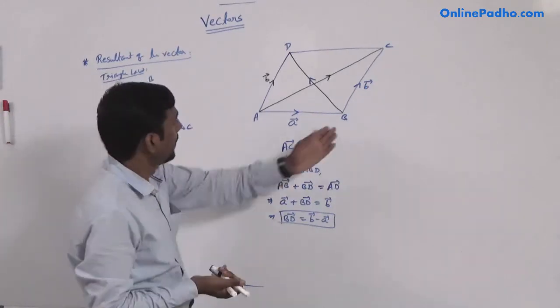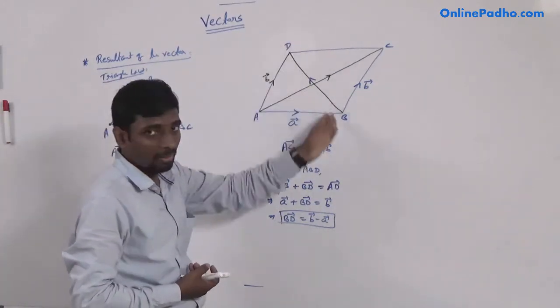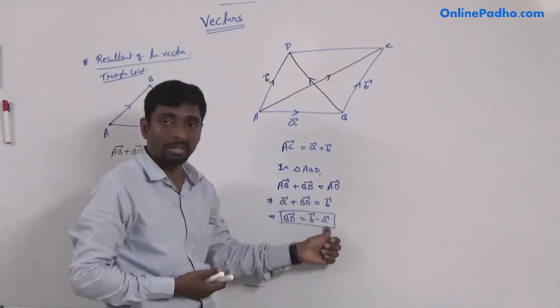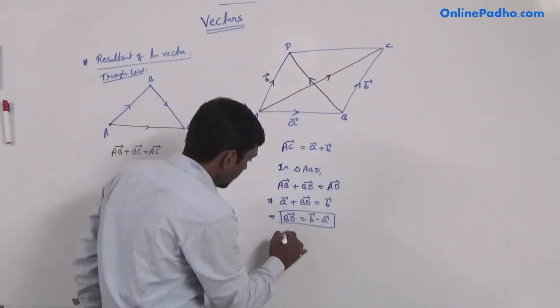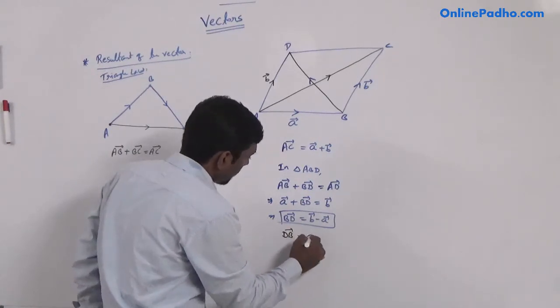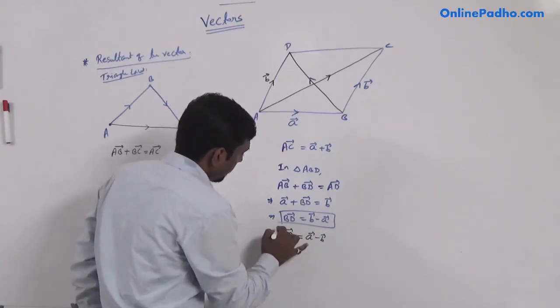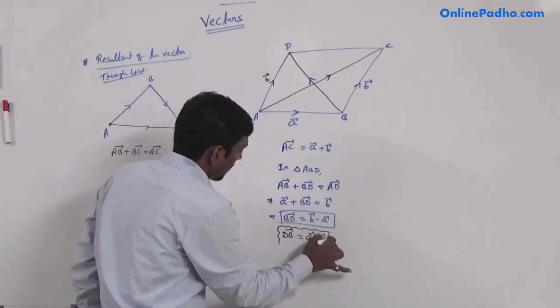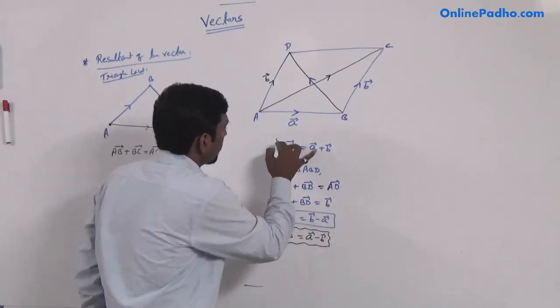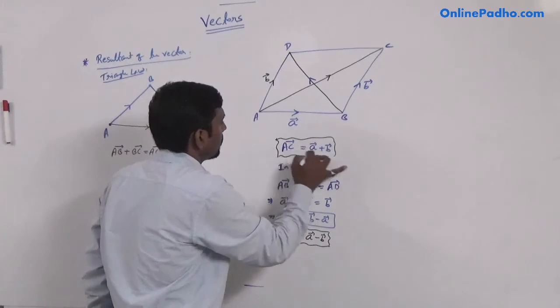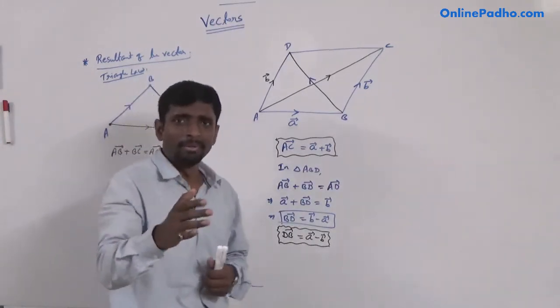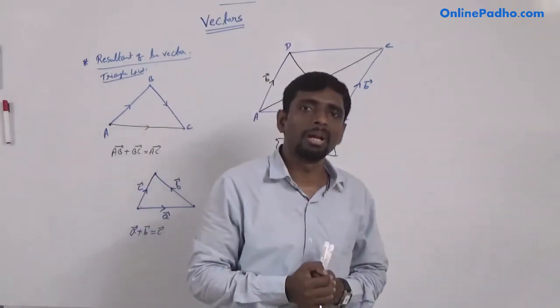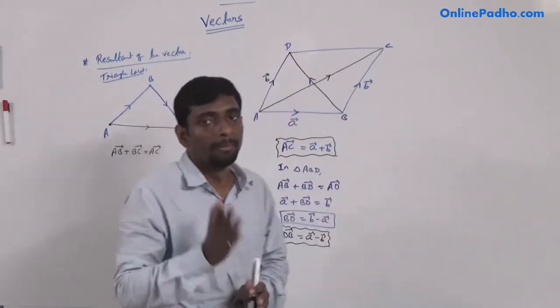So we can say that BD vector, the second diagonal of the parallelogram, is B vector minus A vector. But in the opposite direction, DB vector can be written as A vector minus B vector. This is called DB vector and this is called AC vector. So these two are the diagonals of the parallelogram. If you have two adjacent sides in a parallelogram given, then you can find both the diagonals.